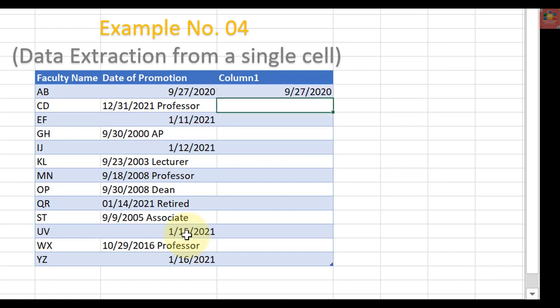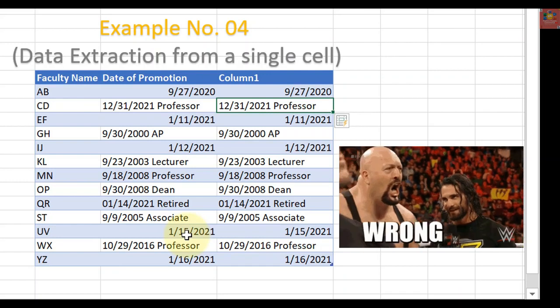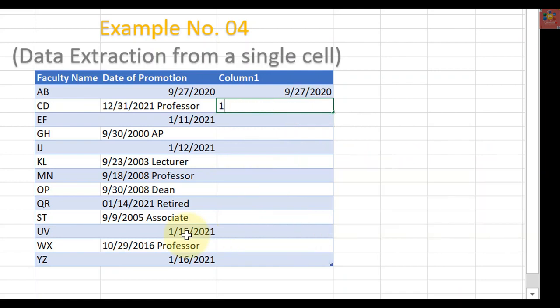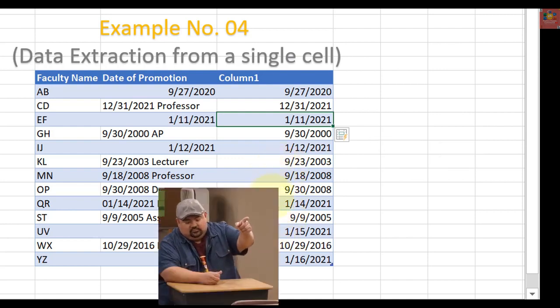So if I press Ctrl plus E, you see it didn't learn very well, so it also returned the text along with that. So I will also enter another date, to let Excel know what I actually want. Ctrl E. So you see that it only listed the dates which I want.